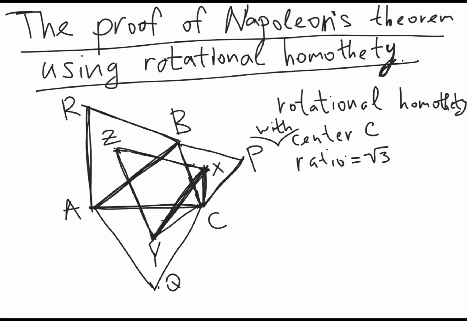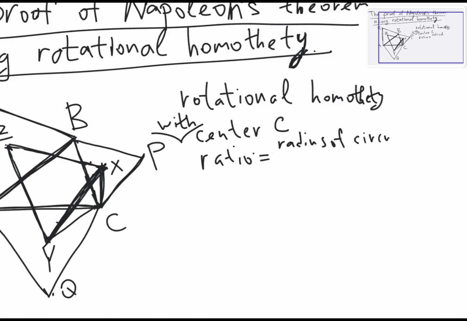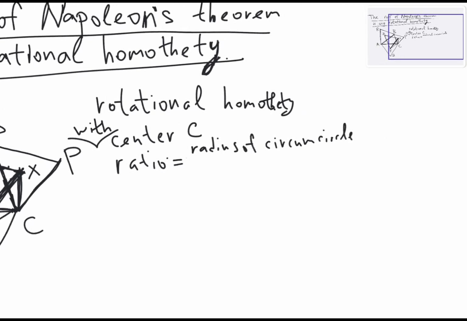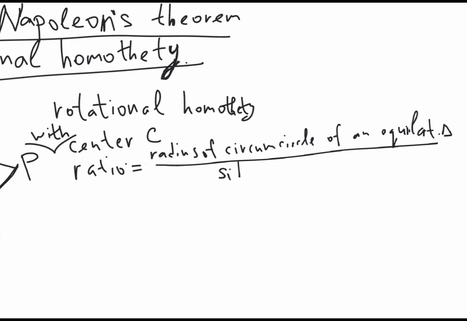But basically, let's put it more accurately, as it doesn't matter what the specific value is: the ratio of the radius of the circumcircle of an equilateral triangle to the side of this equilateral triangle.